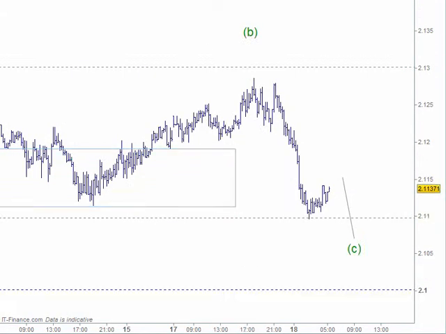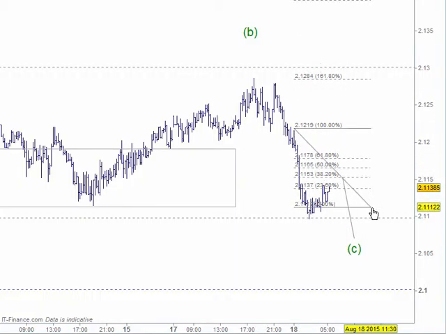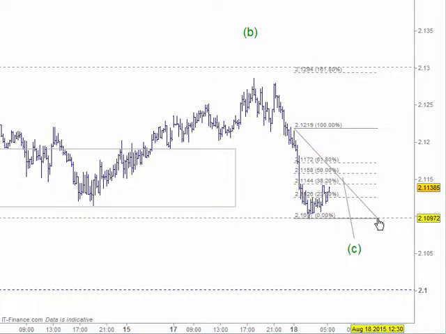There we go. So with this move down through here, it appears that we've got wave 1 and 2 here, and this is still, even the third wave here, not even completed yet. So probably even from there, which would leave us about right here.